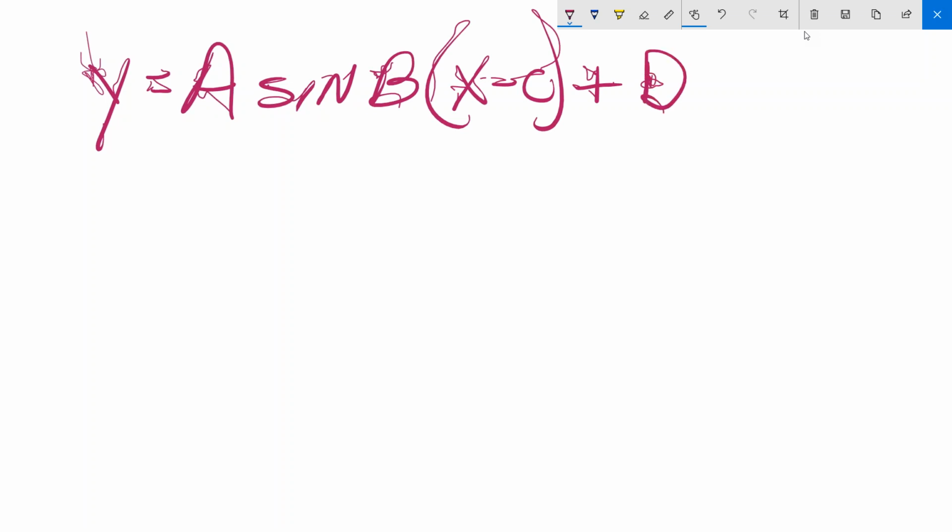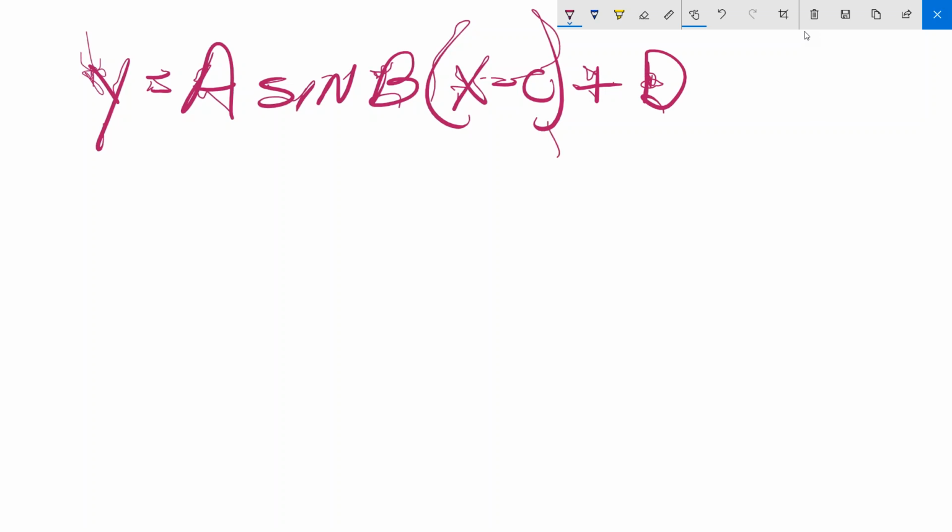Okay, let's talk about that for a second. Well, it is a little weird. It's because even though it's called a sinusoid function, that can be sine or cosine. And in other words, if I put cosine in there, it's still a sinusoid function.